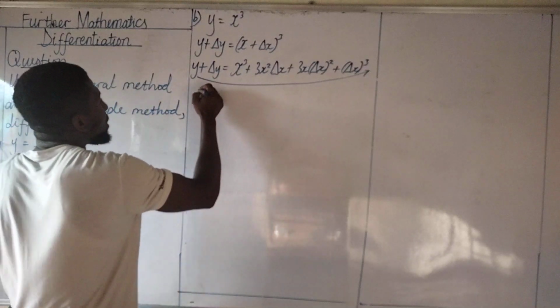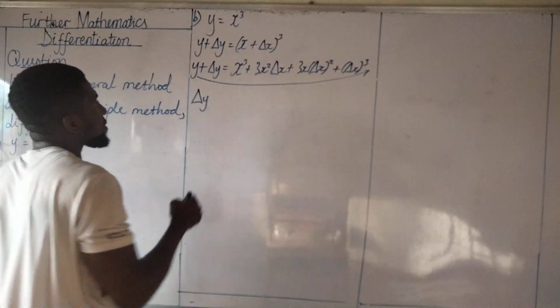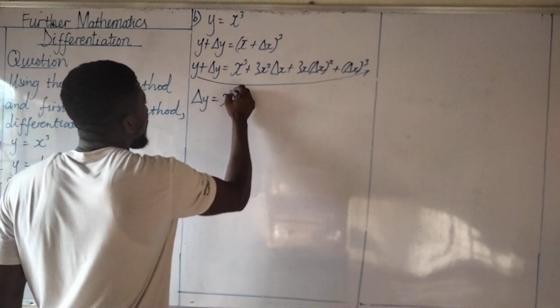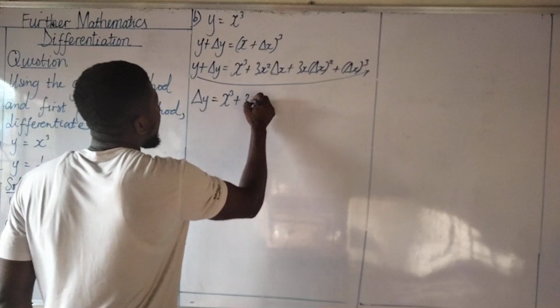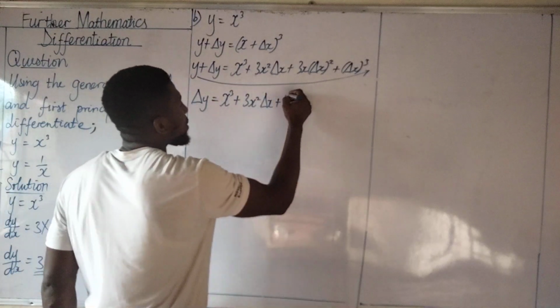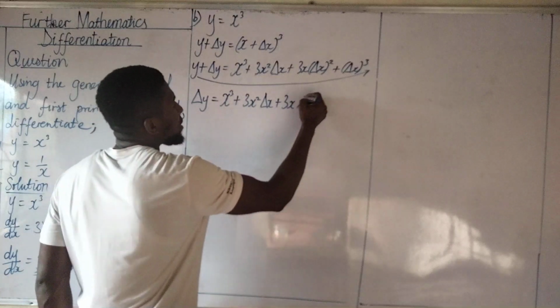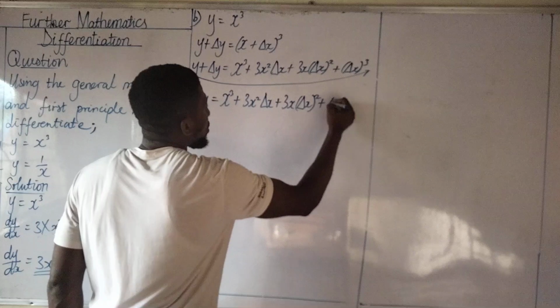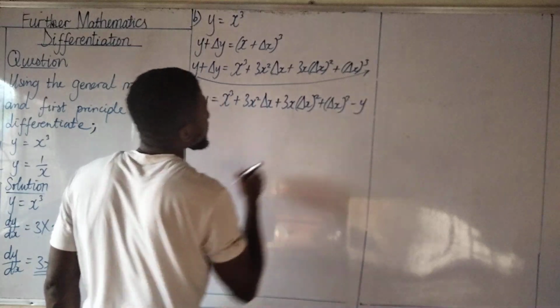We are going to have only change in y remaining on the left hand side. So we are going to obtain change in y equal to x raised to the power 3 plus 3x squared change in x plus 3x change in x all squared plus change in x all cubed minus y.